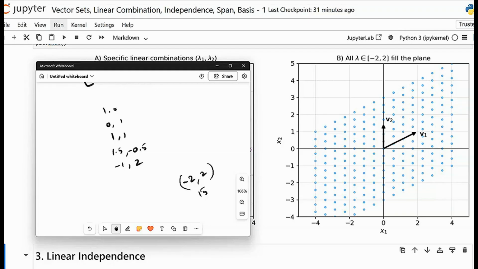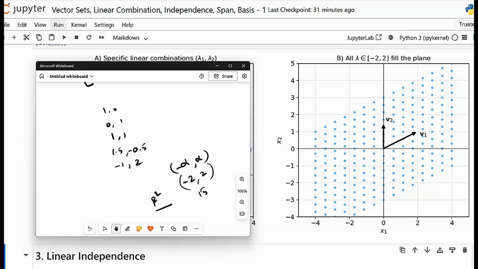Even with this limited range, the points fill a region of R2. Kindly observe, if we extend the range to minus infinity to infinity, every point in the plane would be reachable. This is the essence of span: two linearly independent vectors in R2 can reach any point in R2.